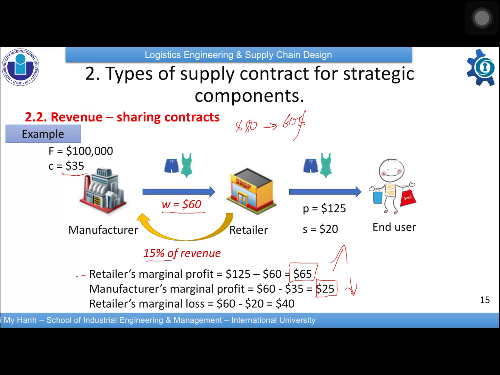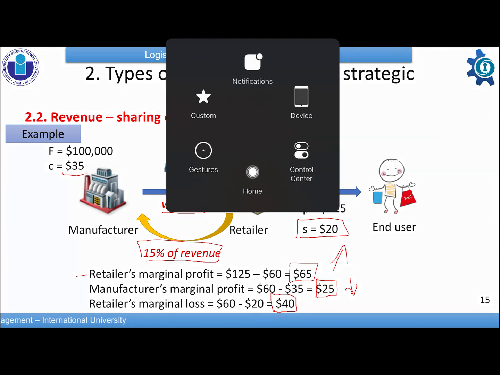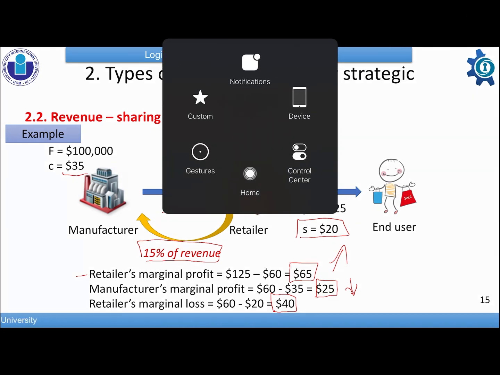However, they share the revenue. And we can see the retailer's marginal loss is equal to the wholesale price, that is 60, minus the salvage value when they cannot sell the product, that is 40. Okay, so we will calculate the profit of the retailer and manufacturer.